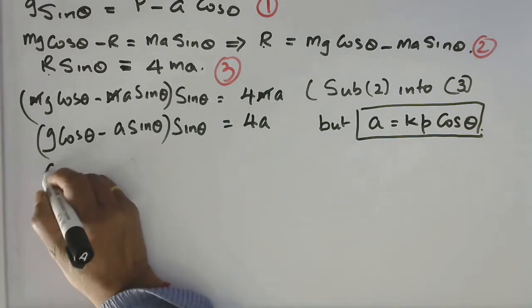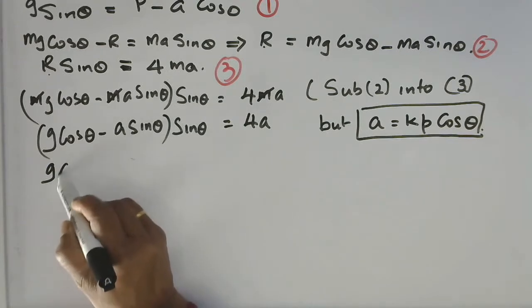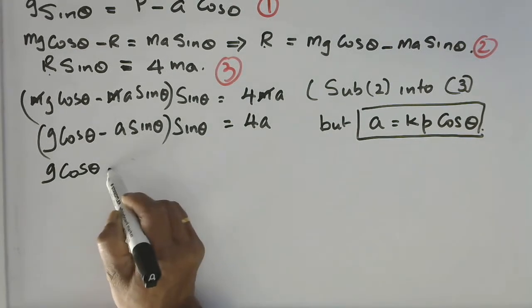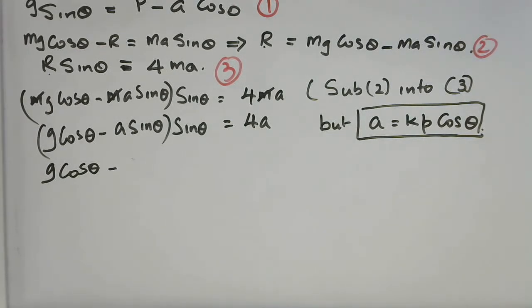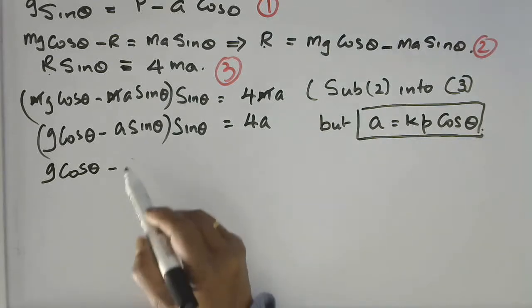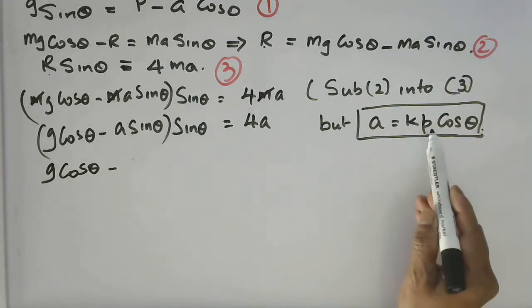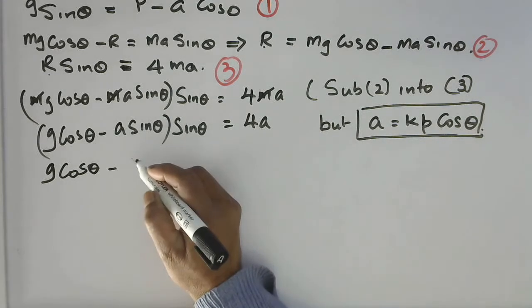So g cos theta minus, A, that is going to be kp cos theta.